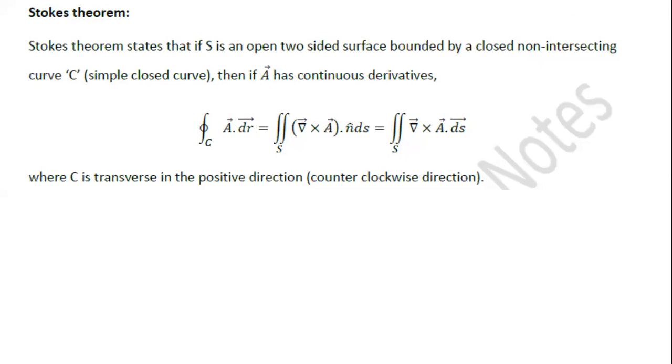So here, what it says is that if you consider any open, two-sided surface bounded by a closed non-intersecting curve, which is what you call a simple closed curve.